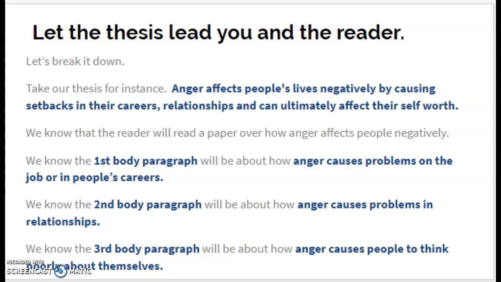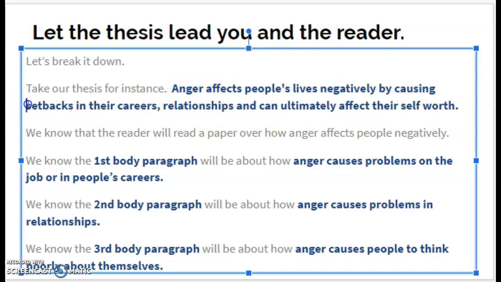We know that the reader will read a paper over how anger affects people negatively, right? So we know the first body paragraph in our paper is this first item, setbacks in their careers, right? It's going to be that.